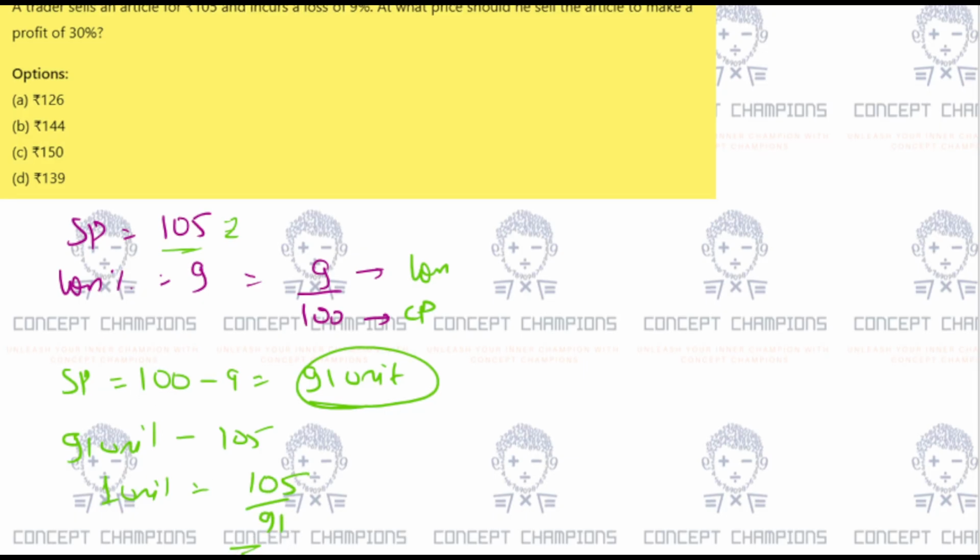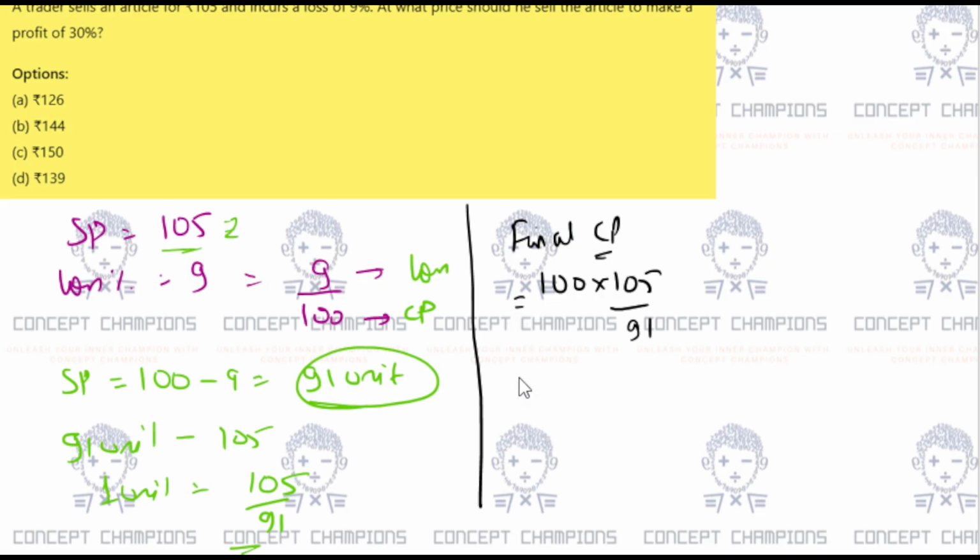Your job is to calculate at what price he should sell the article to make a profit of 30%. If you calculate the CP, you will get the profit, right? So the final cost price is 100 times 105 by 91. Now you want to know at what price you should sell.